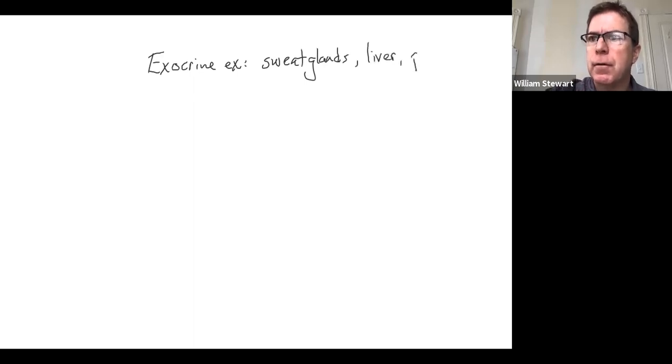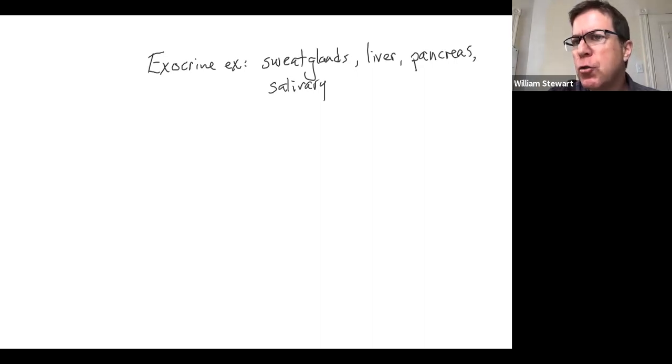Liver, pancreas, salivary glands. All of these secrete a product, typically a fluid, that enters some sort of tube or tube network that leads directly to its target site.